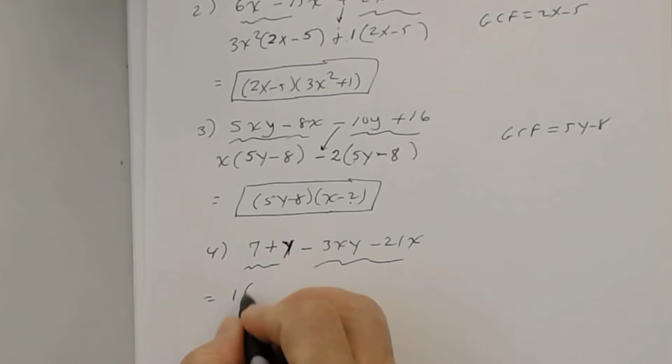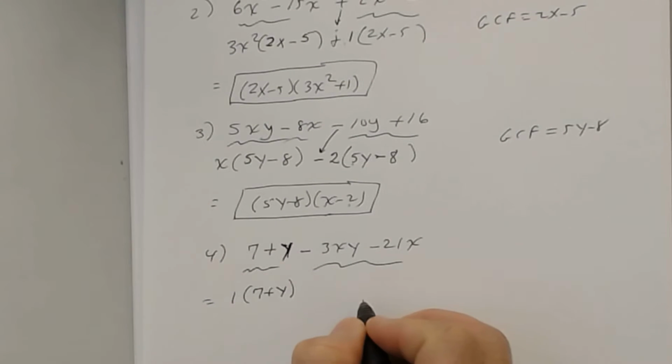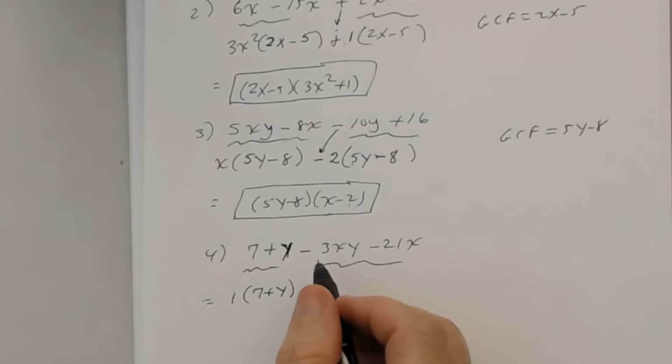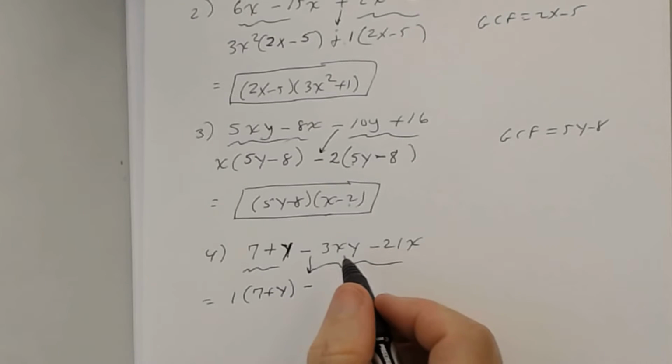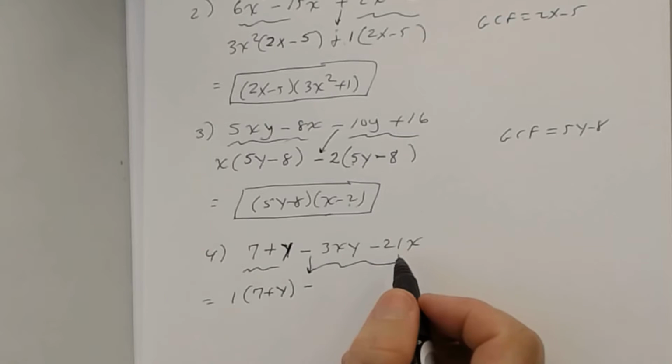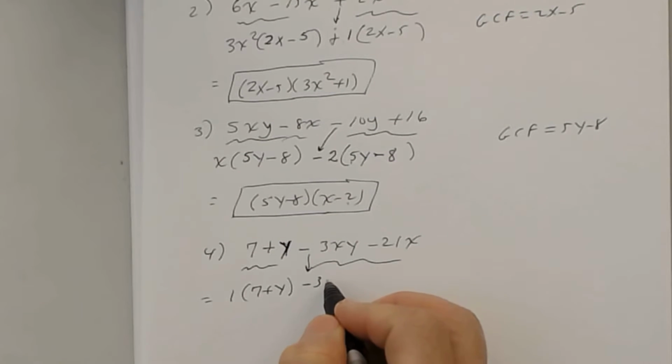So you're going to say 1 times what? 7 plus y. From the second group, I'm going to factor out a positive or a negative GCF? A negative. All right, let's find the GCF though. What's the GCF of a negative 3xy and a negative 21x? 3. Okay, so 3x. So I'm going to factor out a negative 3x, right?